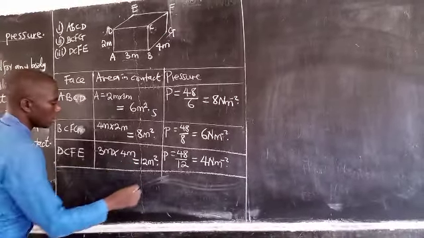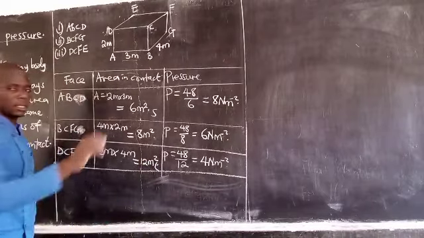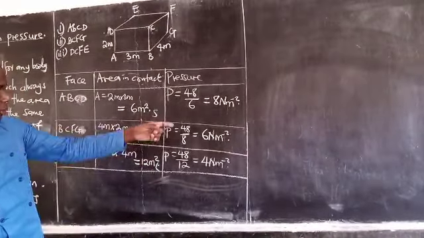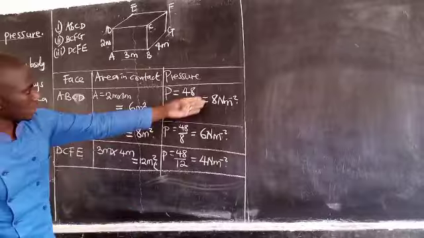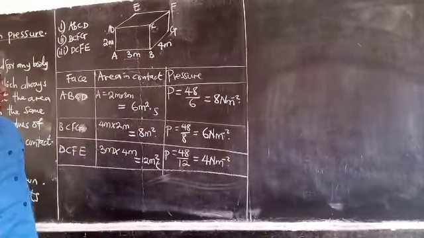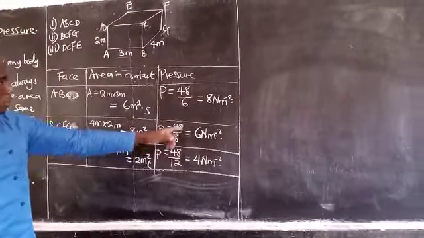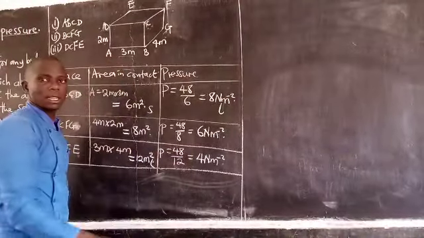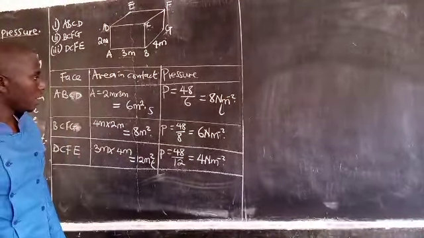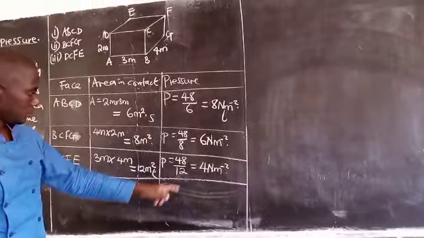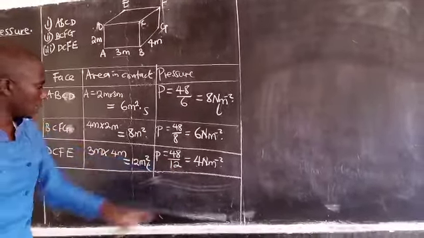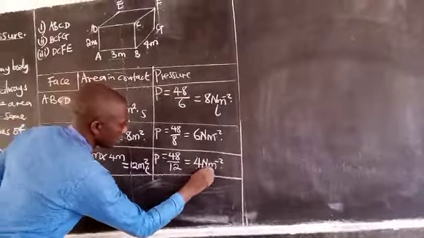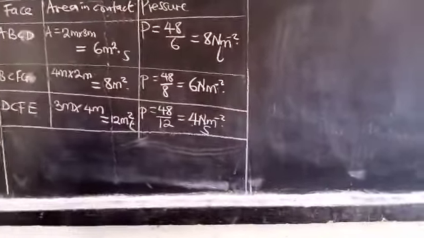This one is the biggest or the largest. Let's look at pressure. Of the 3, which one is the biggest, which one is the smallest? We can see that 8 is the biggest or the largest or the maximum pressure. Then the minimum, we can see this one is the minimum or the smallest.